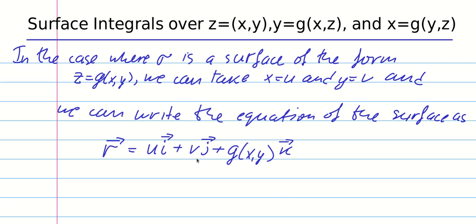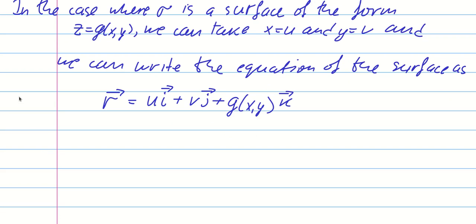All right, so then what we receive for the partial of r with respect to u. So x here should be u and y here should be v, because we call x to be u and y to be v.